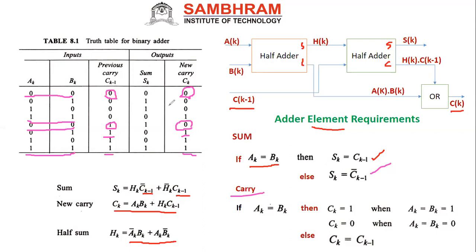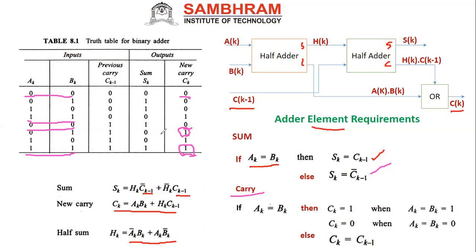Right. So I can say now from this, what I can write in the sense, when AK is equal to BK, okay, sorry. When AK is equal to BK, then CK is equal to 1. When CK is equal to 1? CK is equal to 1. When actually, don't check this previous carry here. When I'll get carry is equal to 1 actually?